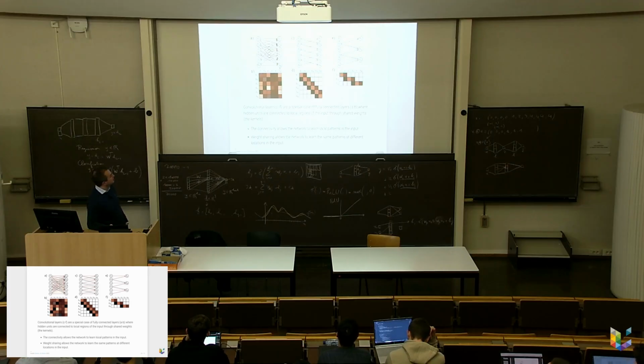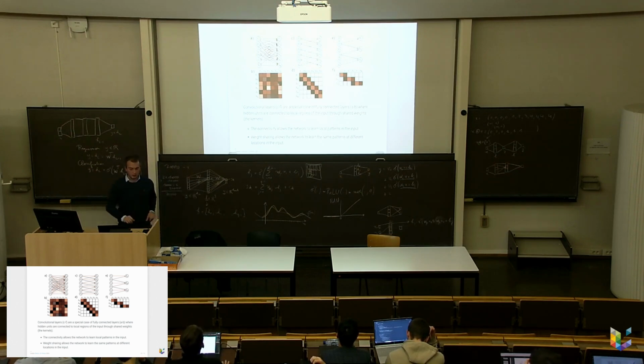That means each hidden node in the hidden layer is connected to all elements in the previous layer. Effectively, that would result in a matrix W which is dense, where you have numbers everywhere.